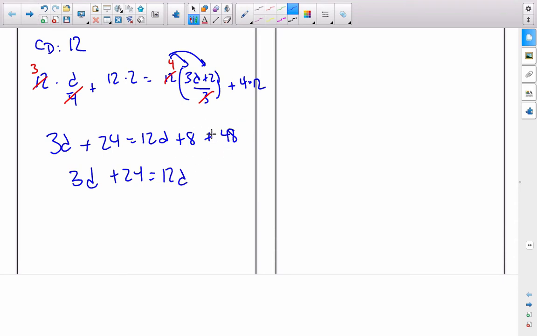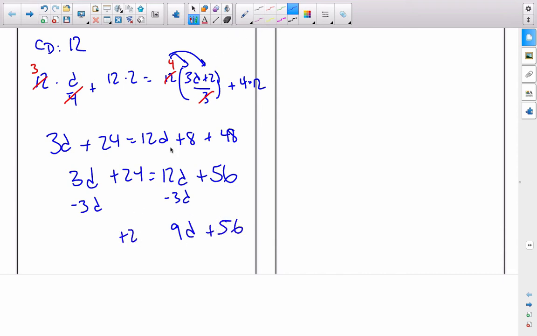Let's collect like terms. Good job. Now, for whatever reason, I always like to bring my variables to the left-hand side. You're going to wind up with negative d's, though. True. So let's bring things to the right-hand side. Let's subtract my 3d's. And so that gives me 9d plus 56.